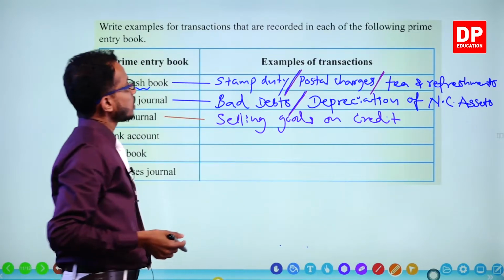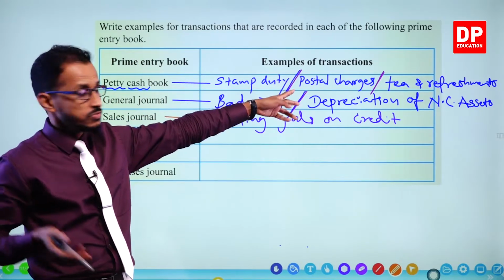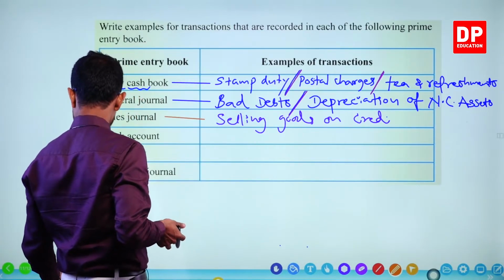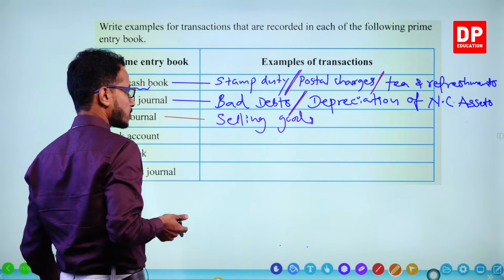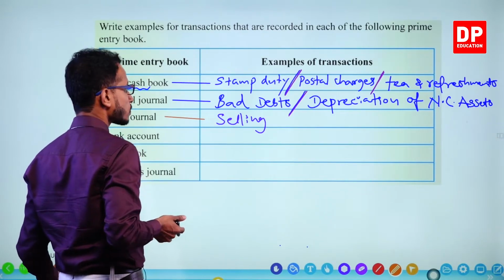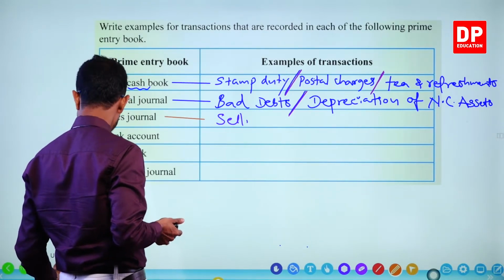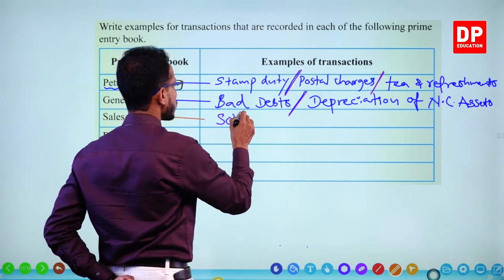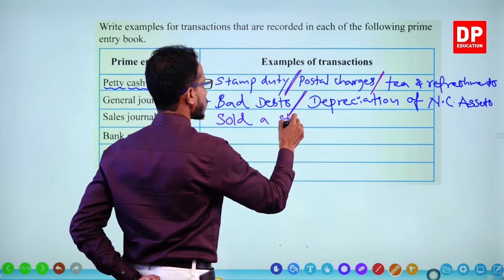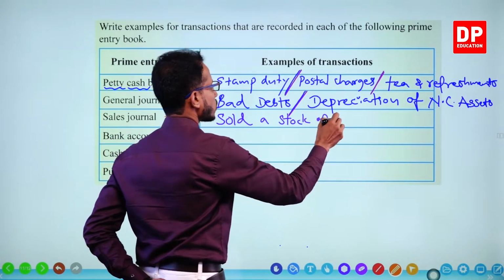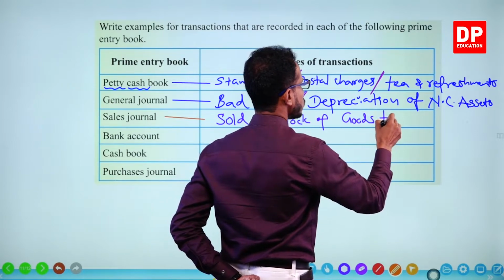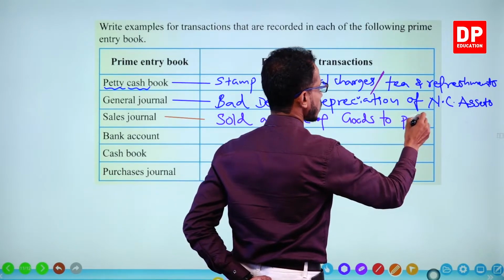Okay. Example transaction we have to mention. So we can't say selling goods on credit. We have to mention a specific transaction as if it has happened. Sold a stock of goods to parlor.